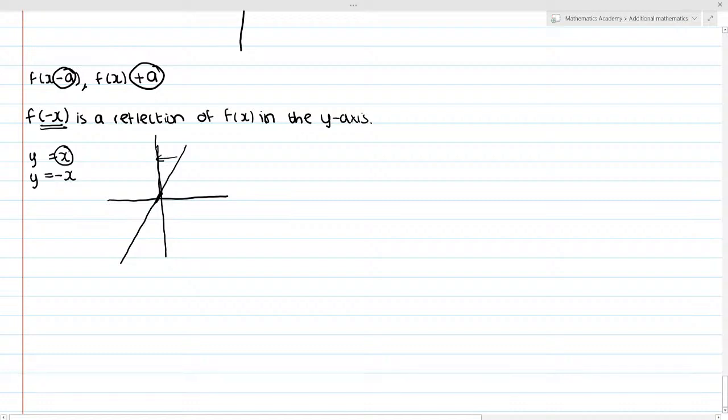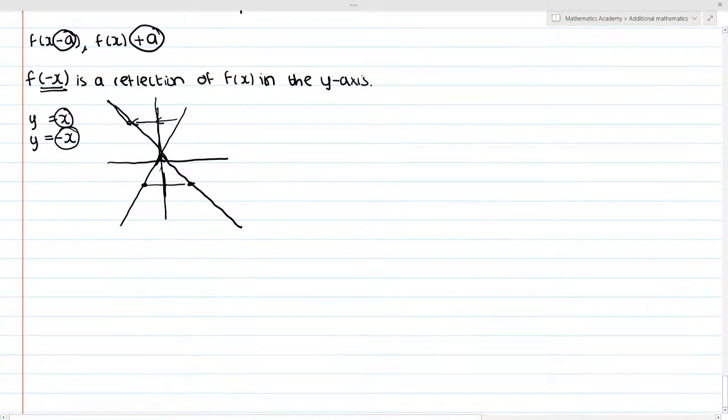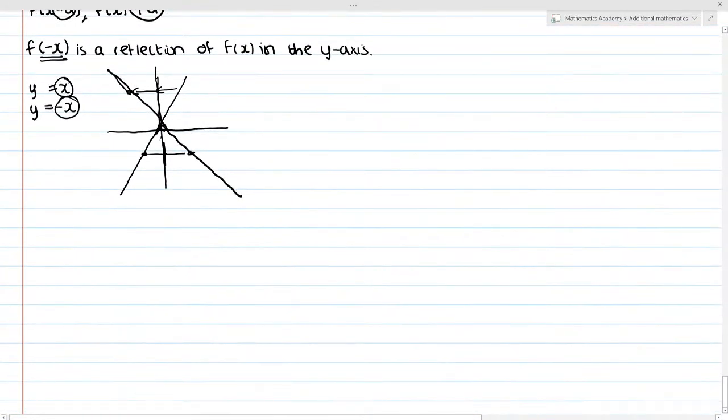If you reflect this point in the y-axis, think of this as a mirror, then you get this point, and you get this line over here, which makes sense because that's what the line y equals minus x is. It's just the other diagonal of this plane, and it's the reflection of the line y equals x in the y-axis.